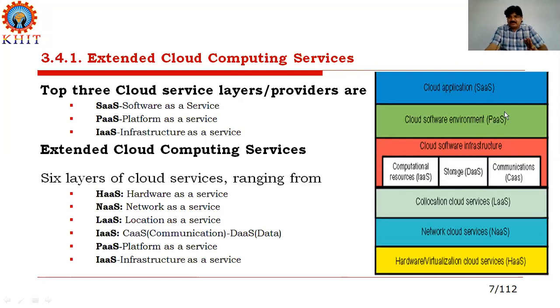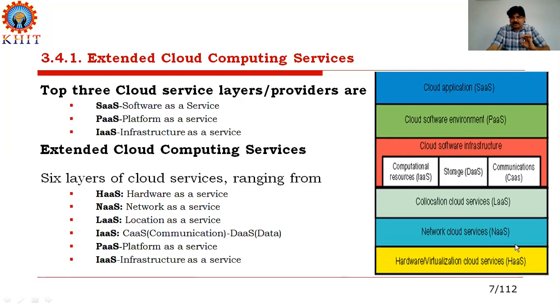Apart from these 3, there are 3 more extended cloud computing services available. The bottom one is hardware virtualization cloud services, which means providing the link or communication between various hardware components over the network, called hardware cloud computing services.